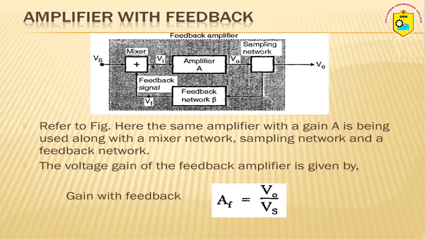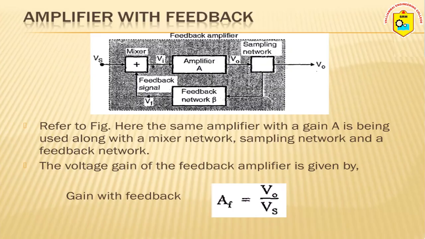Next, the amplifier with feedback. This is the block of an amplifier with feedback. Here you have an additional circuit called the feedback network with beta, where beta is the feedback factor. On the input side you have the mixer and on the output side you have the sampling network.